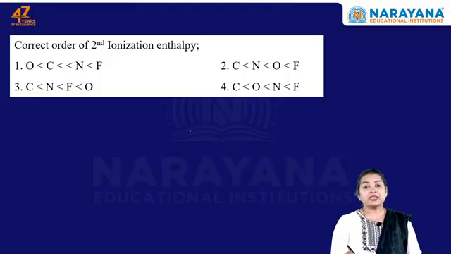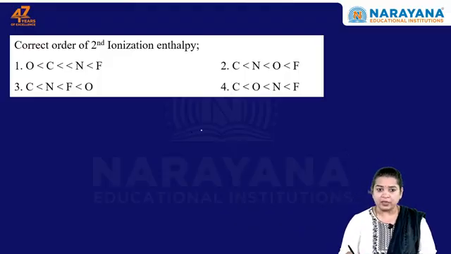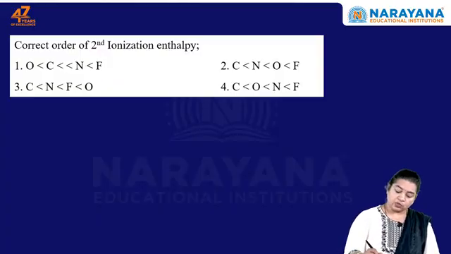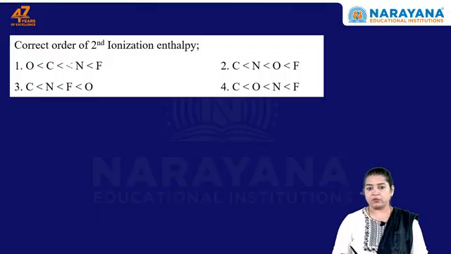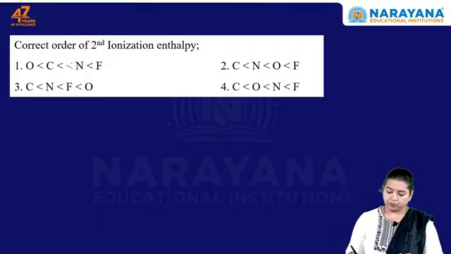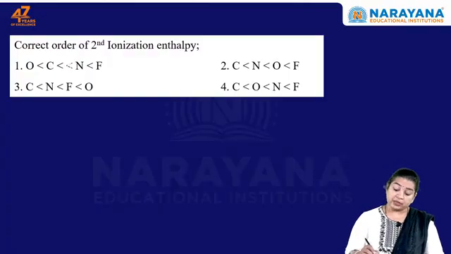The correct order of second ionization enthalpy of 4 different atoms is asked. It is oxygen, carbon, nitrogen and fluorine which are considered in the question. Let us do their electronic configuration: carbon, nitrogen, oxygen, fluorine.